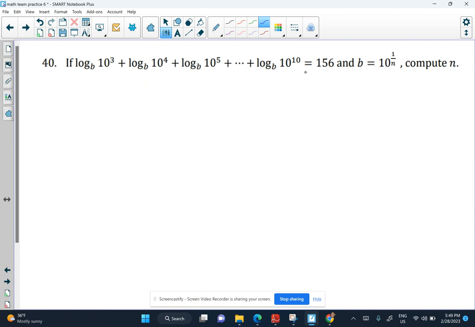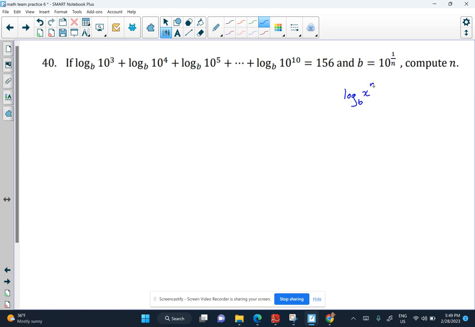So we're given these logs, and we're told that the sum of all these strange log functions is equal to 156. And we're also told the base b is equal to 10 to the 1 over n. And they want you to find n. So we're going to use something called the power rule to help us out, which I'm actually showing tomorrow in my classes.